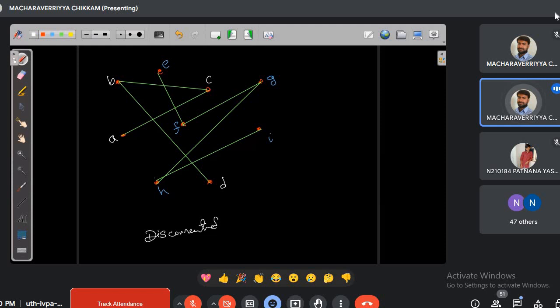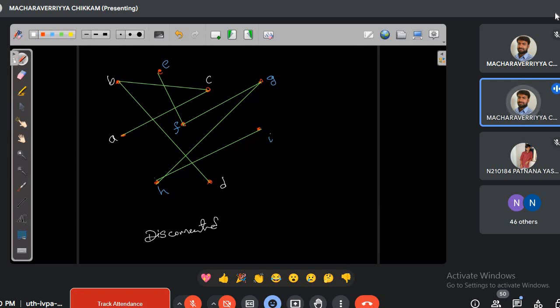So a disconnected graph will have either two or more connected components. If you say a graph is disconnected, definitely it will have two or more connected components, and their union will be the graph G.